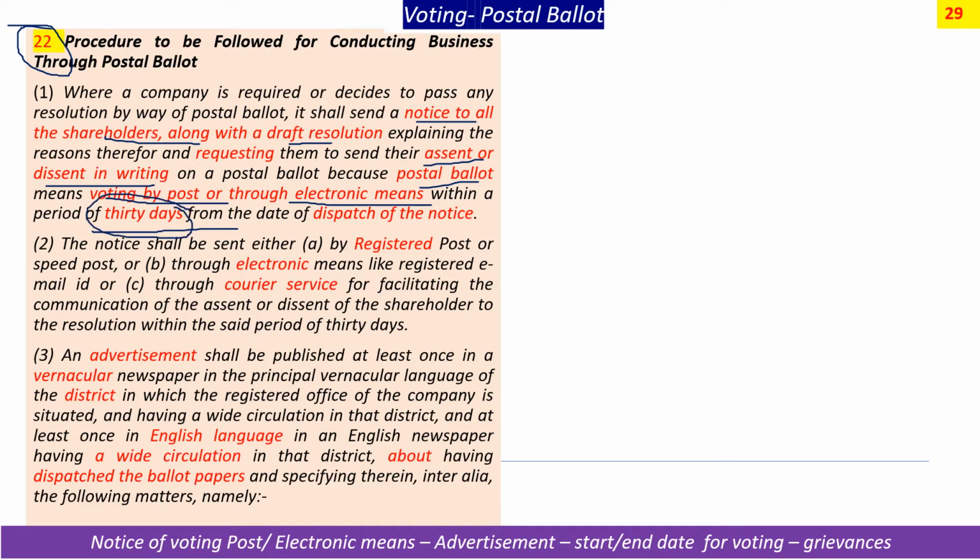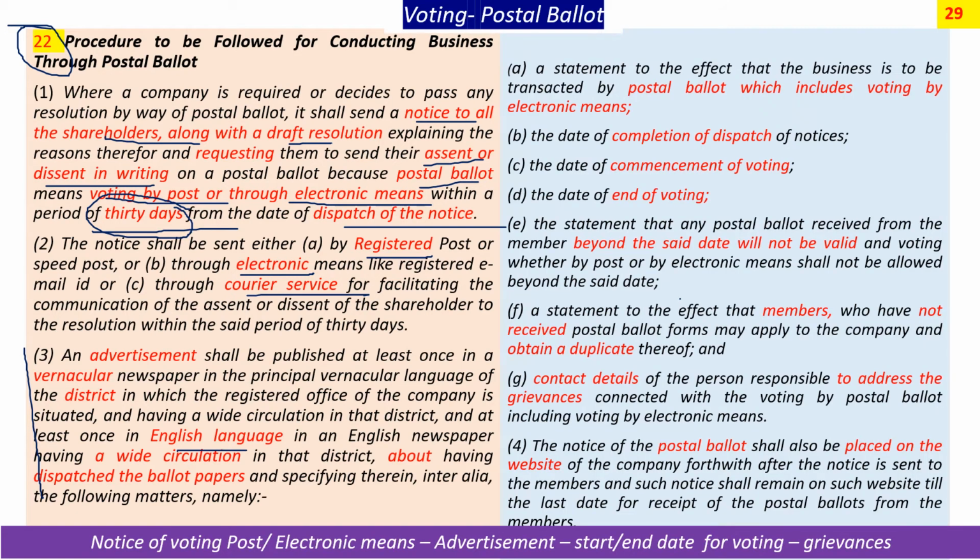No physical meeting. Notice is sent to him and 30 days time is given, and it is sent by registered post, electronic or courier service, and a detailed advertisement is given in English and vernacular detailing how the voting is proposed.